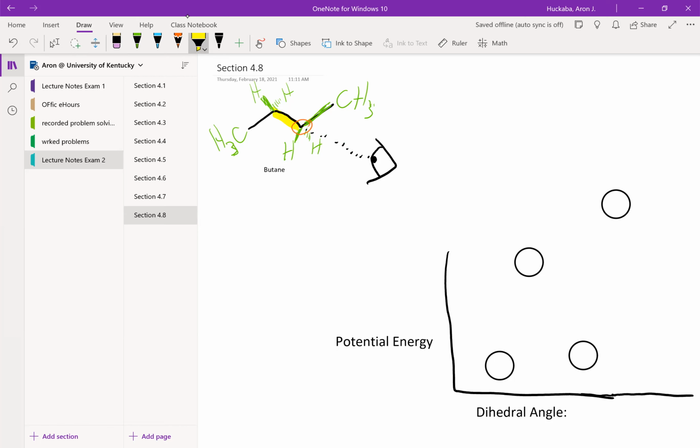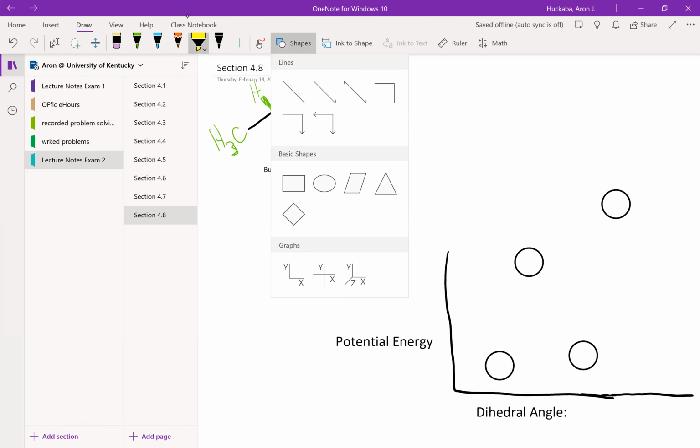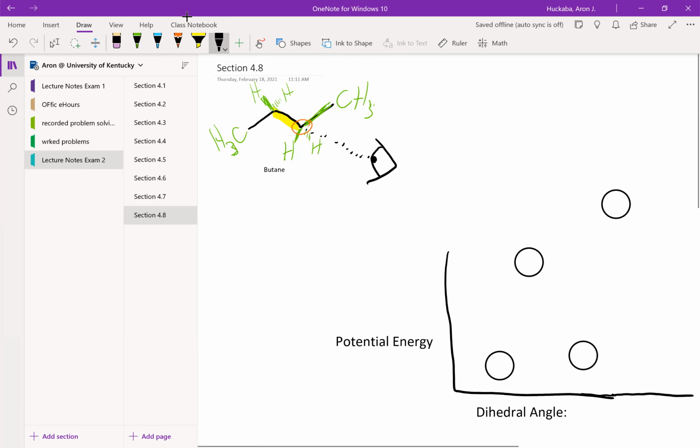And so our Newman projection looks a little like this.